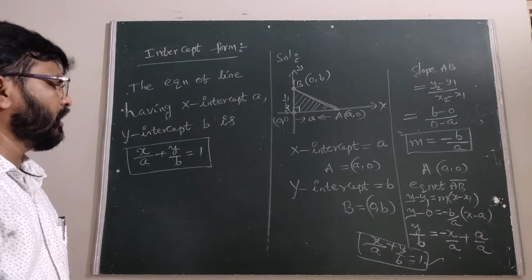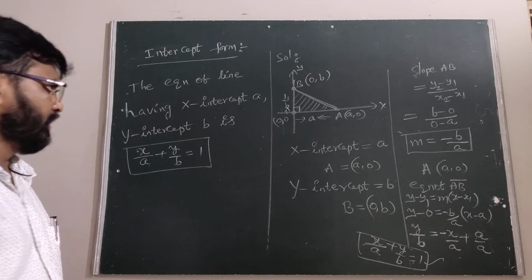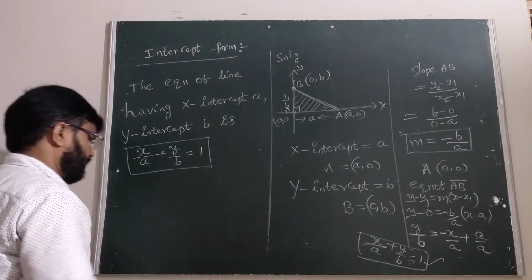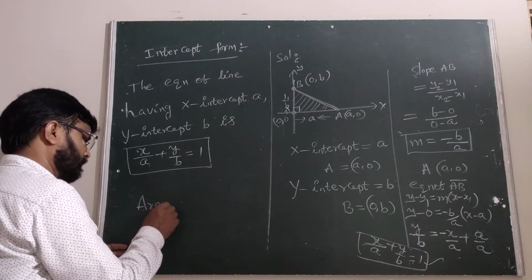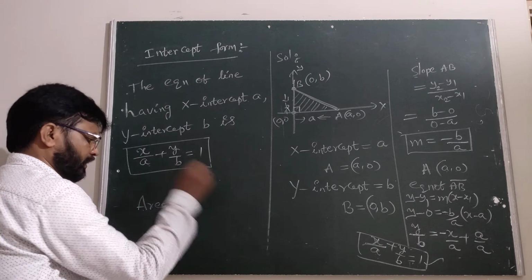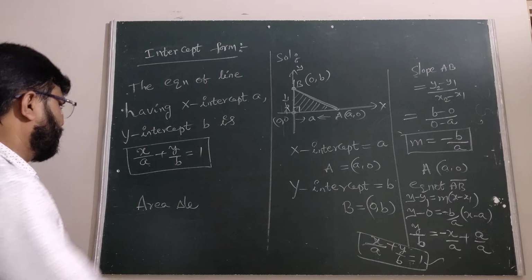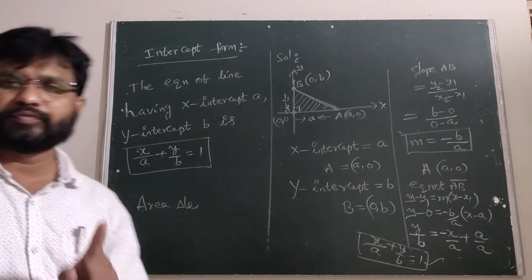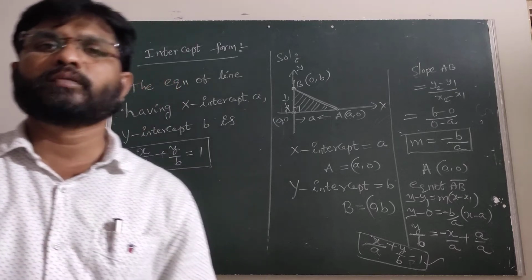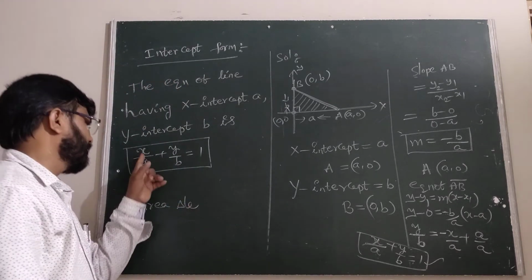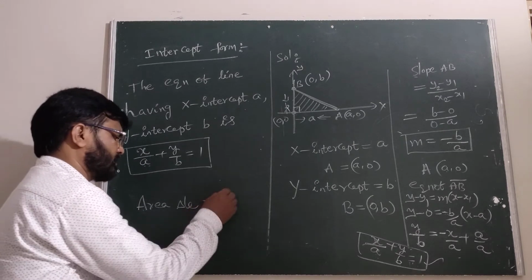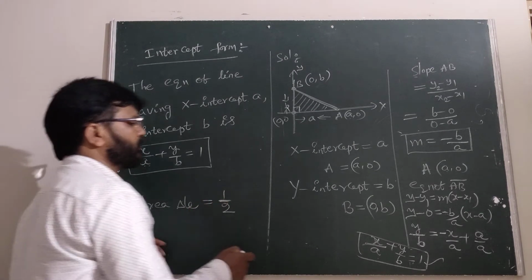Therefore, the area of the triangle formed by the line x by a plus y by b equal to 1 with the coordinate axis is half base into height.